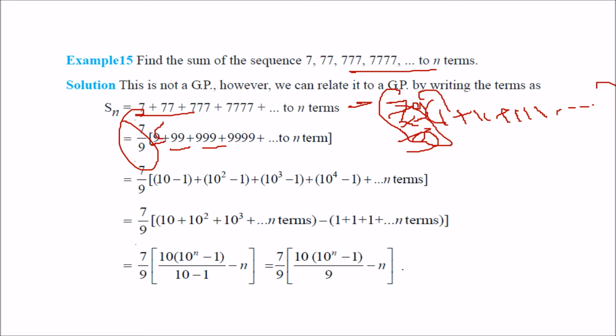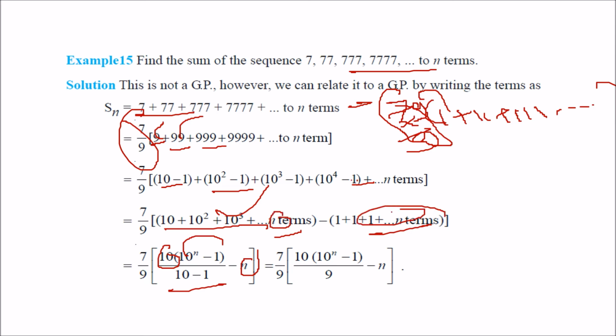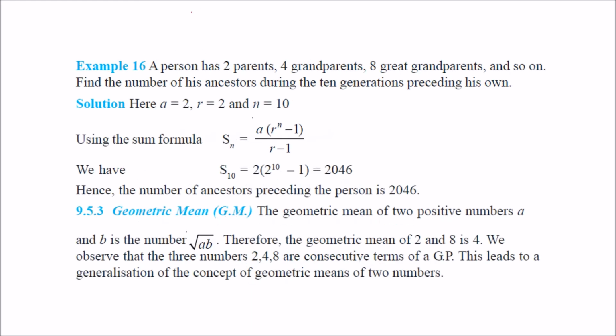How can you write 9? 9 as 10 minus 1, 99 as 10 square minus 1. You know that dealing with 10 is quite easy, and this will become n terms. So this 10, 10 square, 10 cube, n terms, and 1, 1, 1, 1, n times. This is your GP. So this will be A(R^n - 1)/(R - 1), minus n. This is basically n terms, so minus n. So this is your solution.